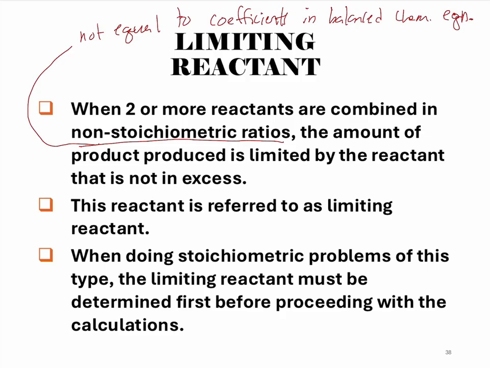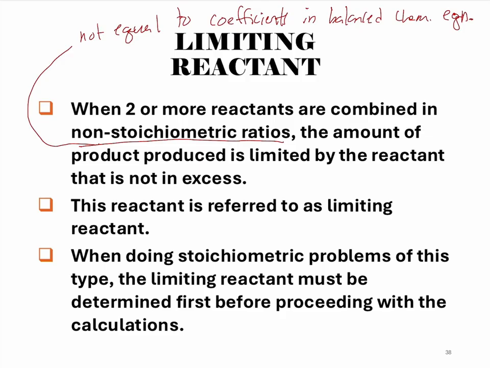So when you're mixing things in ratios that are not exactly equal to the stoichiometric coefficients, then one of the reactants is going to limit the reaction. Right, what that means is that one of them is going to limit how much of the products you can actually make or how many times that reaction can happen. Why? Because you'll run out of one before you run out of the other when they're not in perfect stoichiometric amounts.